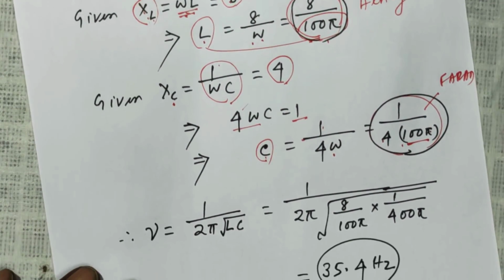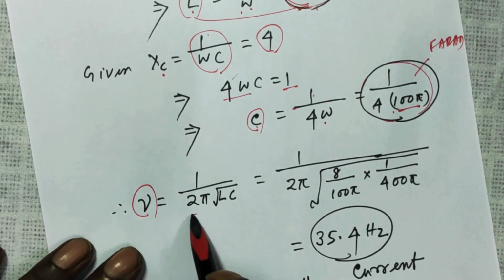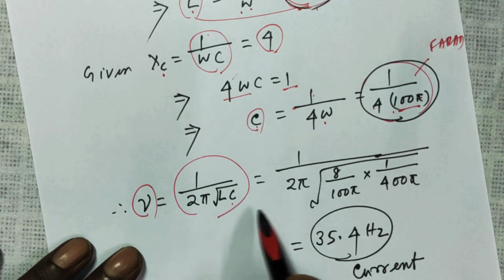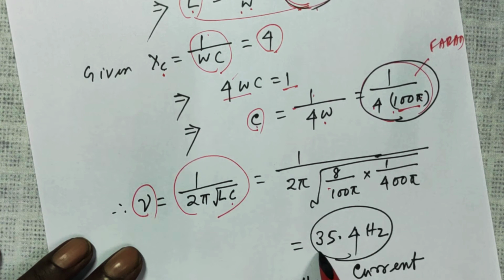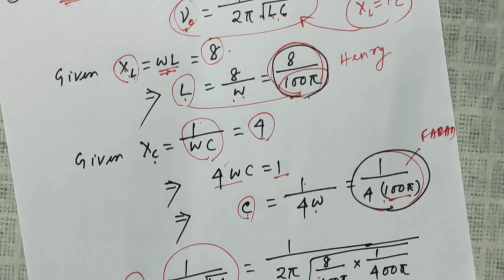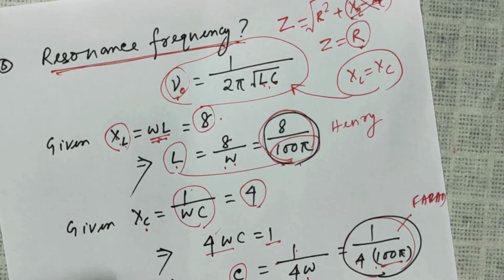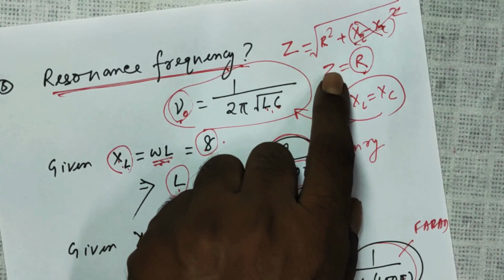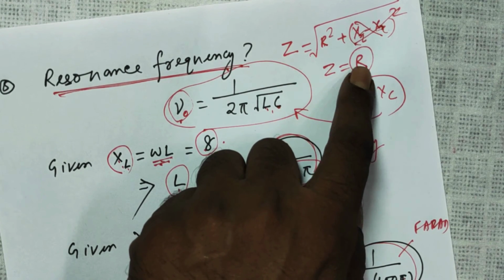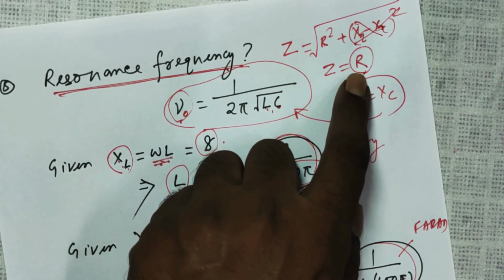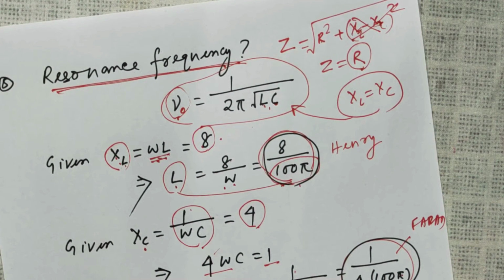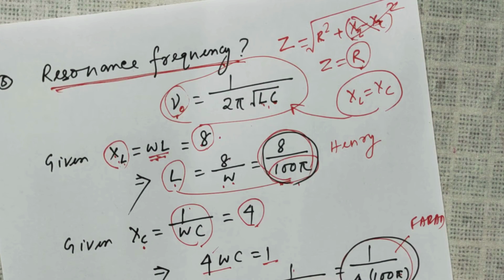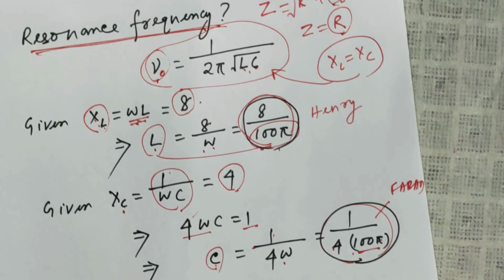So your resonance frequency, which is 1 by 2 pi square root of LC, just put the value, this comes out to be 35.4 hertz. Means at this frequency, the impedance of the circuit will be minimum, that is Z will be minimum, that is equal to R, which is given in the question as 3 ohm.